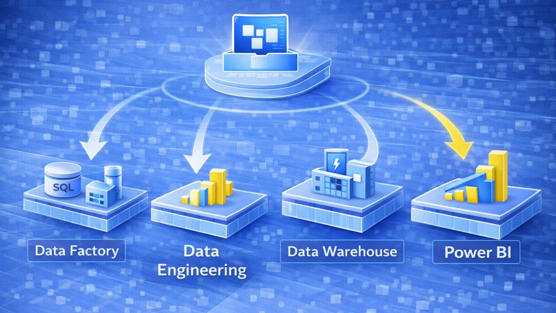Another one is Data Warehouse, which is helpful for structured SQL-based analytics. And the final one is Power BI, which is helpful for reporting and dashboards. The important thing is all these workloads are not separate products. They are part of the same Fabric ecosystem.